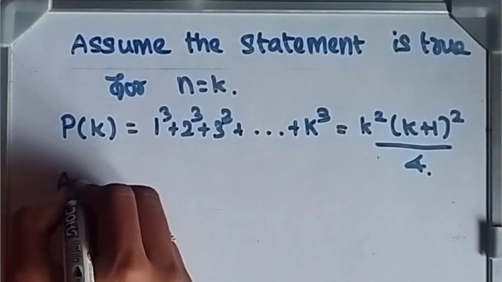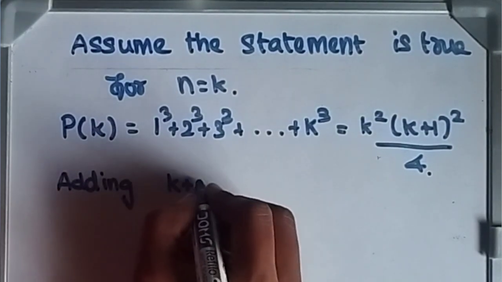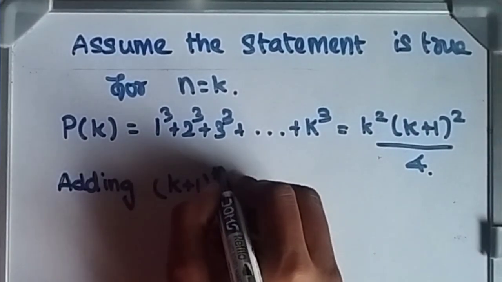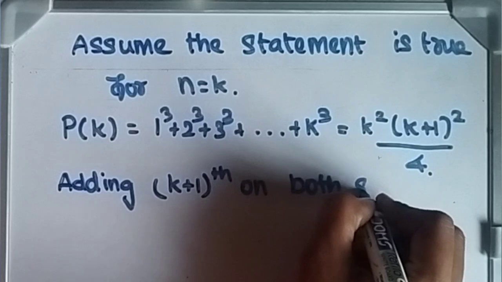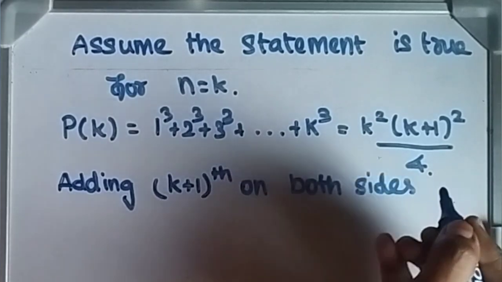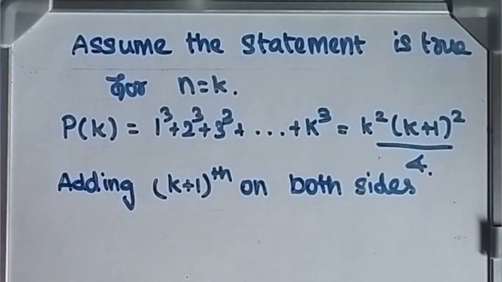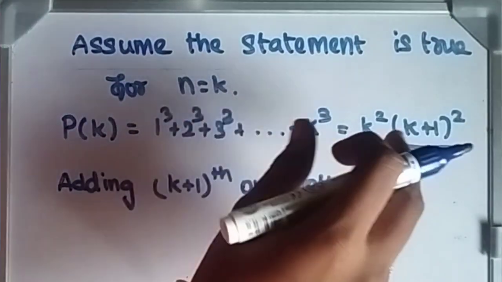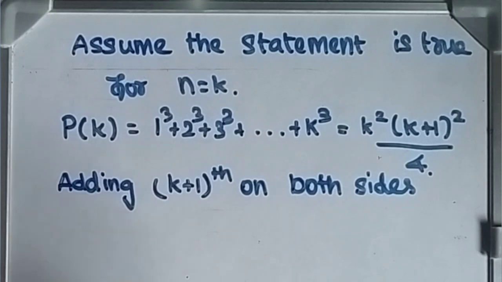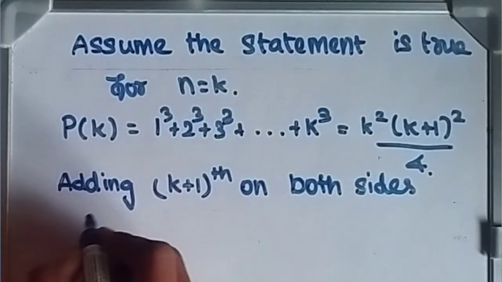So this is the third step: adding the (k plus 1)th term on both sides. And we are going to check, if we take the (k plus 1)th term, whether this equation behaves in the same manner or not.